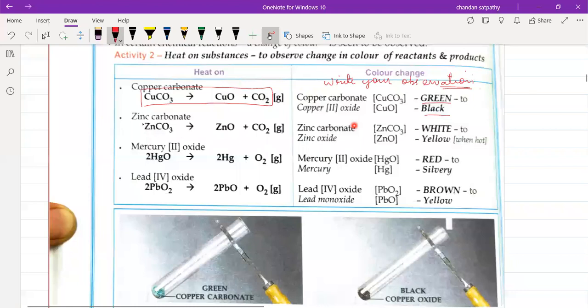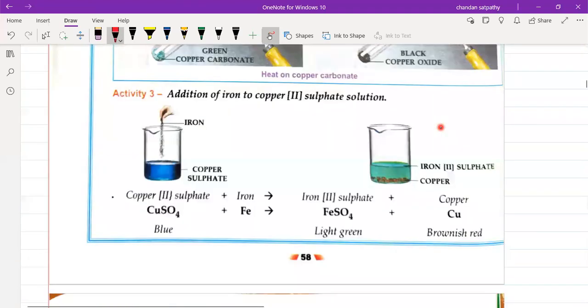Similarly, a question might ask for your observation when zinc carbonate changes to zinc oxide and carbon dioxide. You have to write that white color zinc carbonate changes to yellow color zinc oxide. Like this, you have to practice all the color changes of the reactions.